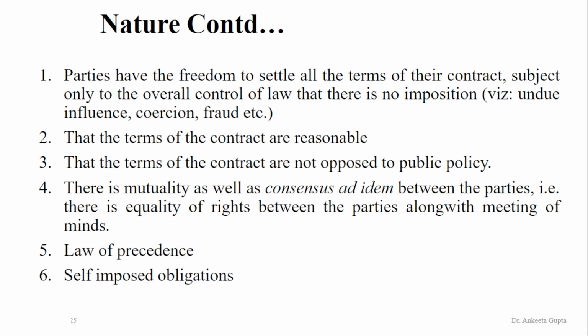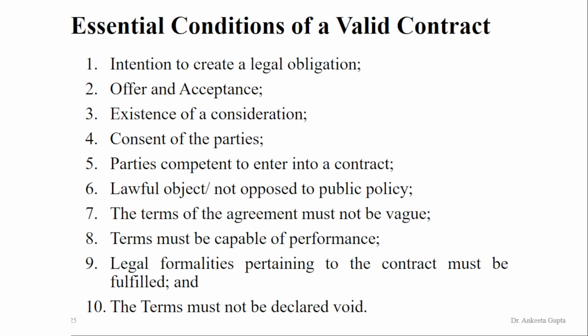There is no imposition. There should not be any undue influence, no fraud, no coercion. Terms of the contract are reasonable and not opposed to public policy. There is mutuality as well as consensus ad idem. There is the law of precedence and self-imposed obligations.